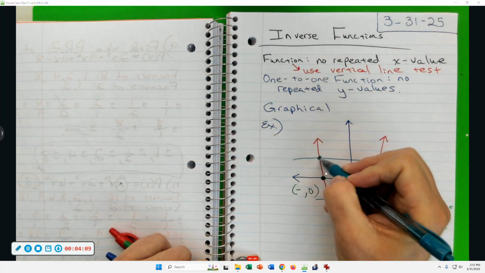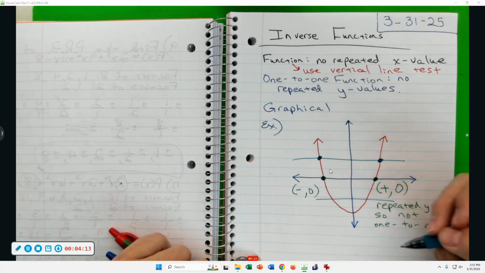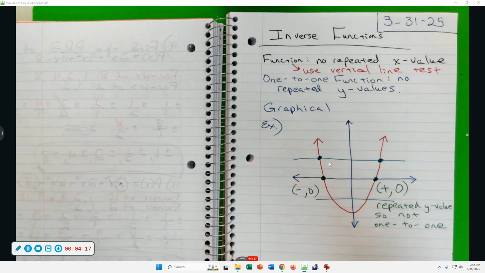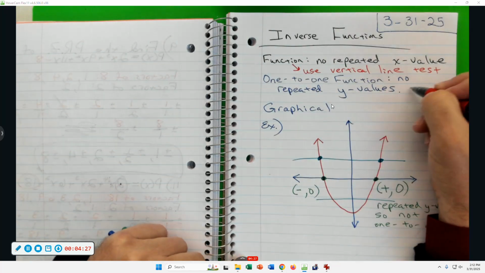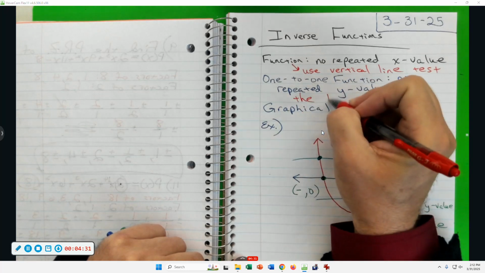If so, right here and here, those points have the same y value. To determine if a graph is a function, we use the vertical line test. If we're going to determine whether a graph is one-to-one, we're going to have to use the horizontal line test.